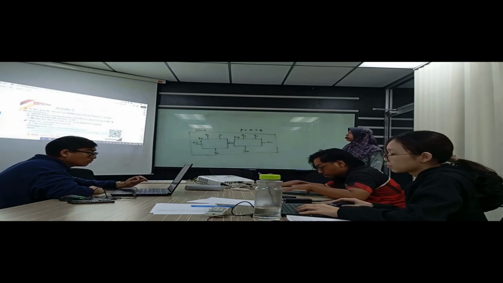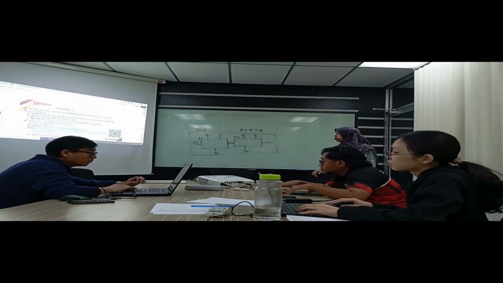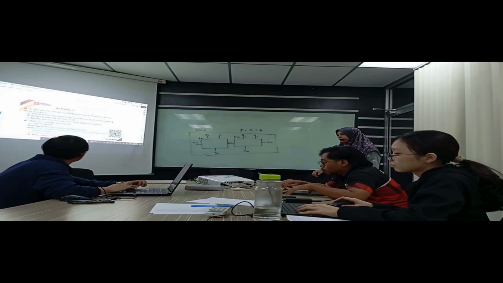Number C is to modify the code in B using the data flow model.